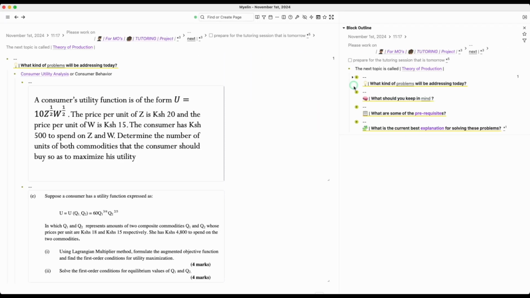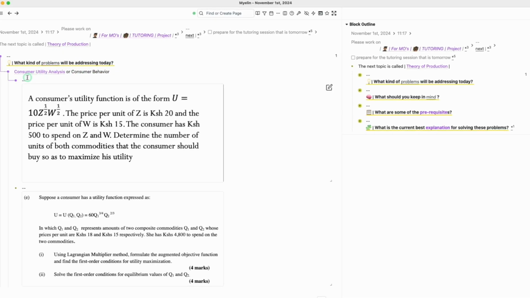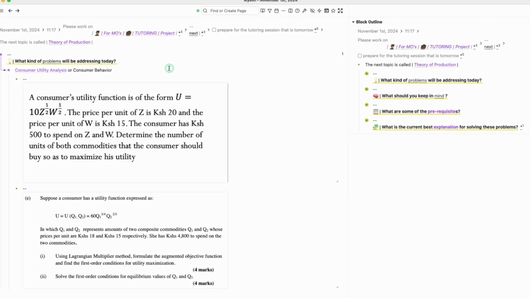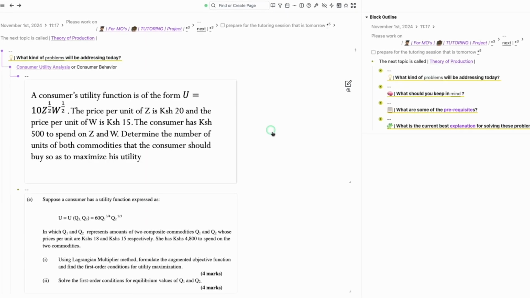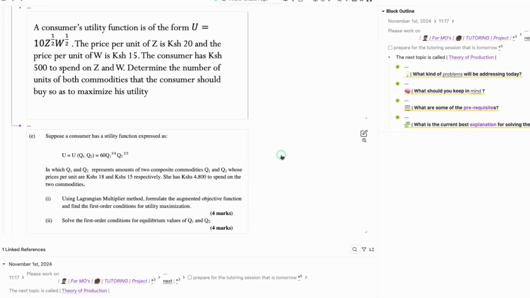So the first thing that I'd like us to look at is just how the questions are set and how the problem looks like. Under the theory of production, there is a subtopic known as consumer utility analysis, which essentially deals with consumer behavior. If we look at these two images here, these are questions dealing with consumer behavior.